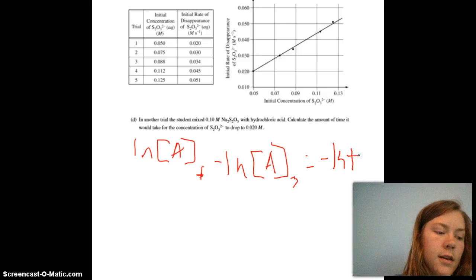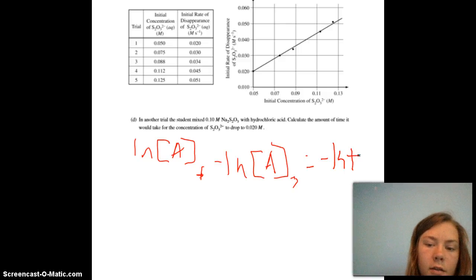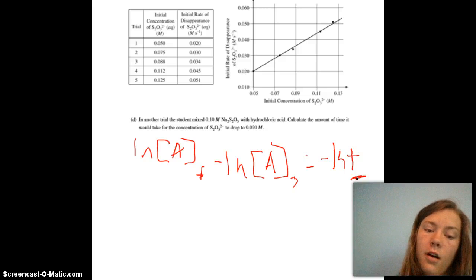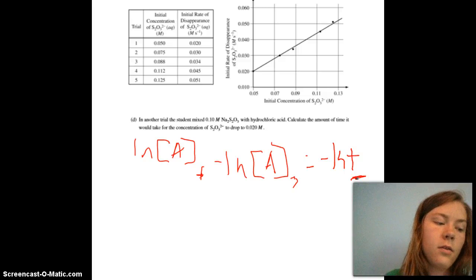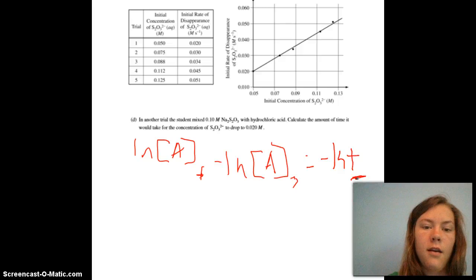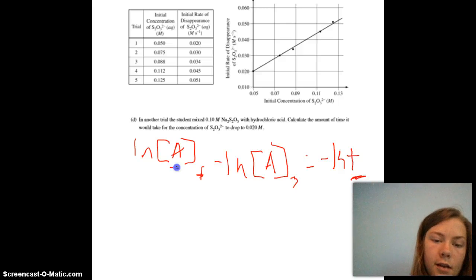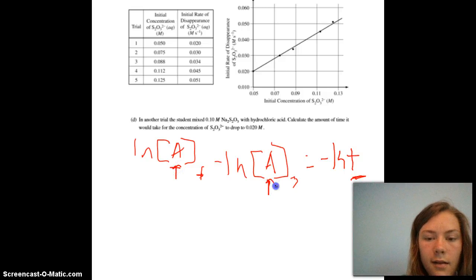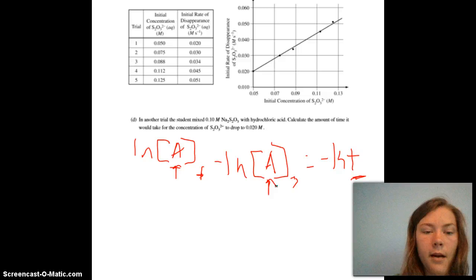Okay, so now we are really just solving for the time. So we can eventually rewrite it and combine the natural logs, and then also plug the information we know in for the concentration of the thiosulfate, which is really the A in both of these. These are just thiosulfate. And then also the rate constant, which we solved for in the previous part.